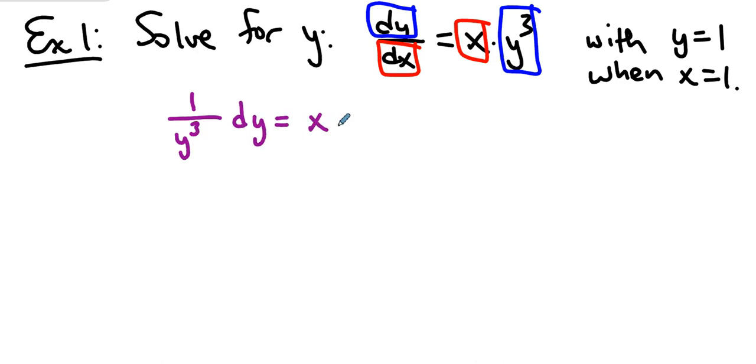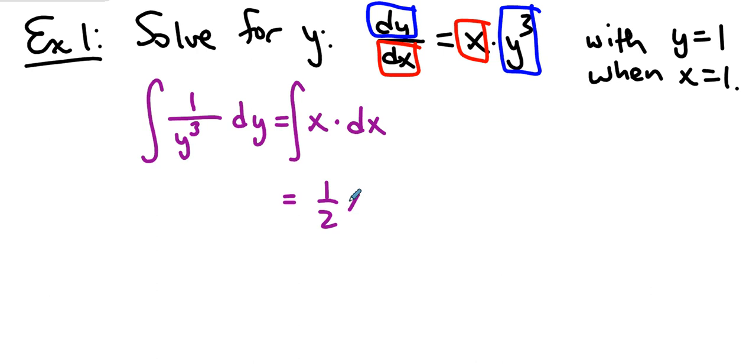And then the dx appears on the other side. So now what? We've done the separating part. This side has only y things, and this side has only x things. If you don't get this part right, there's no sense going forward. So then what happens? Well, then we integrate on both sides.